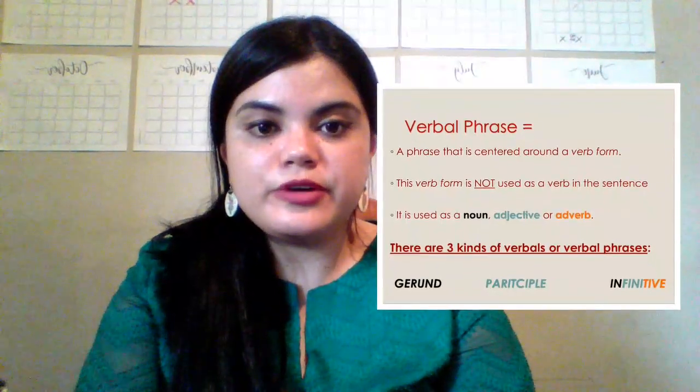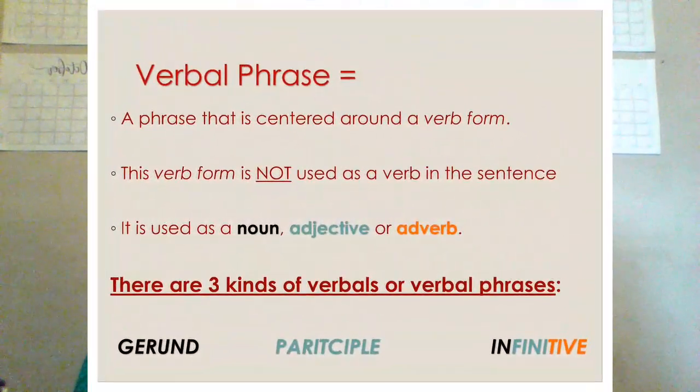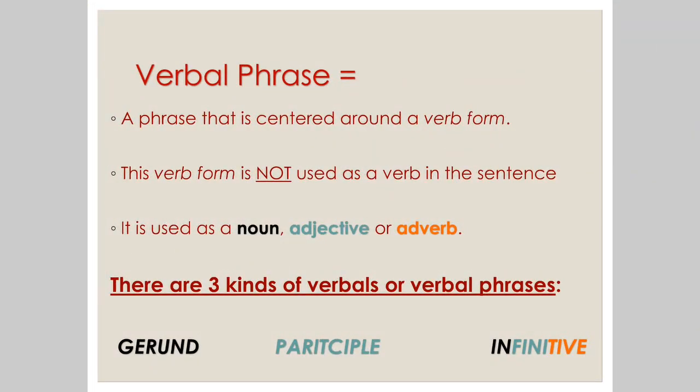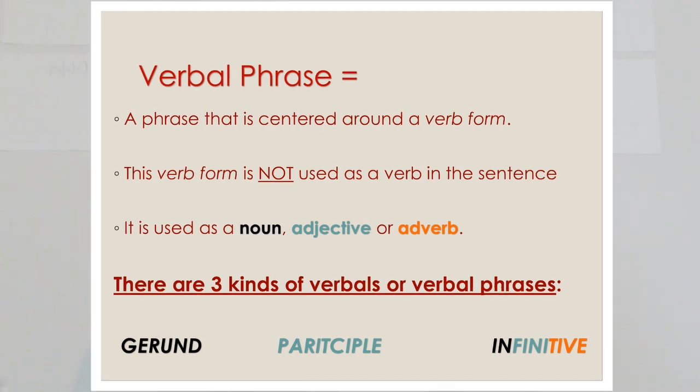Now, what is a verbal phrase? Let's review this. A verbal phrase is a phrase that is centered around a verb form. This verb form is not used as a verb in the sentence, and it is used as a noun, adjective, or an adverb. There are 3 kinds, like we already said: gerund, participle, and infinitive.